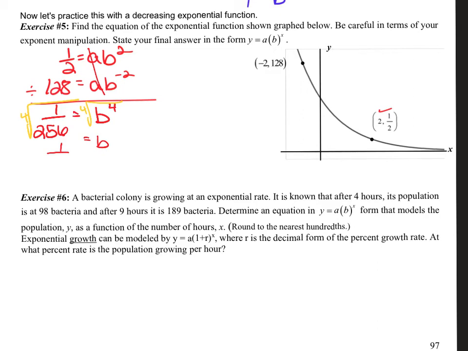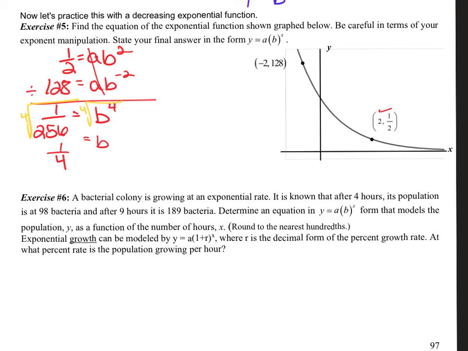So I'm going to put a 4 in there. And then I'm going to arrow till I get underneath the root. And I'm going to put in 256. And that gives me 4. So my b is 1/4, which means it's decreasing, right? It's less than 1. It's decreasing. We already knew that, though, just by looking at the graph.